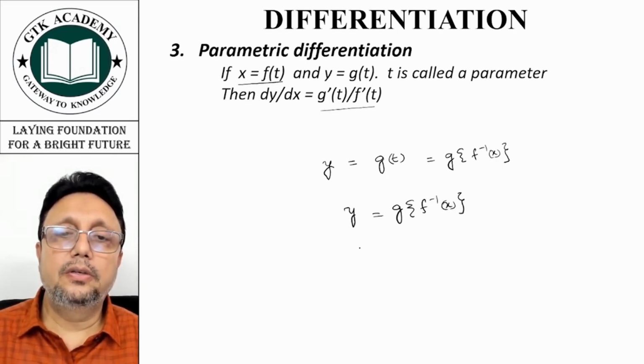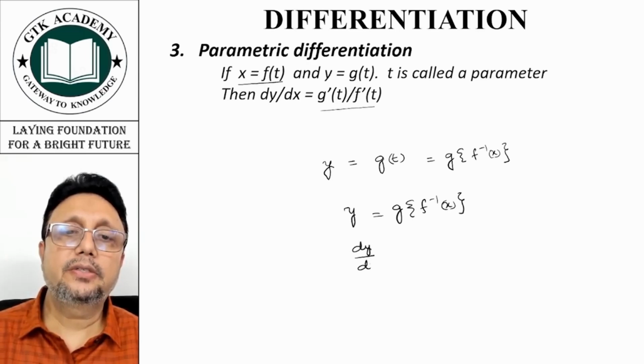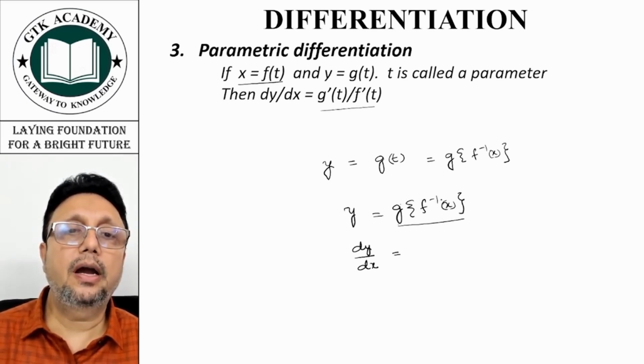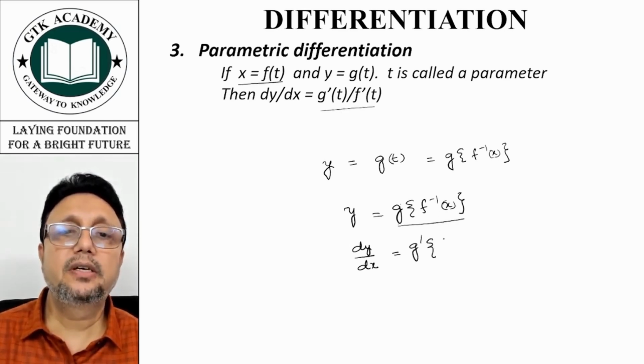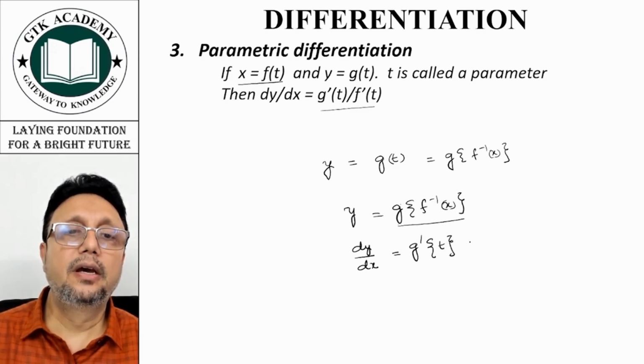Now dy upon dx is equal to, since this is a composite function, you have to differentiate g with respect to f inverse x. So this is g dash of, what is f inverse x? It is t, into, then you have to differentiate f inverse x with respect to x.